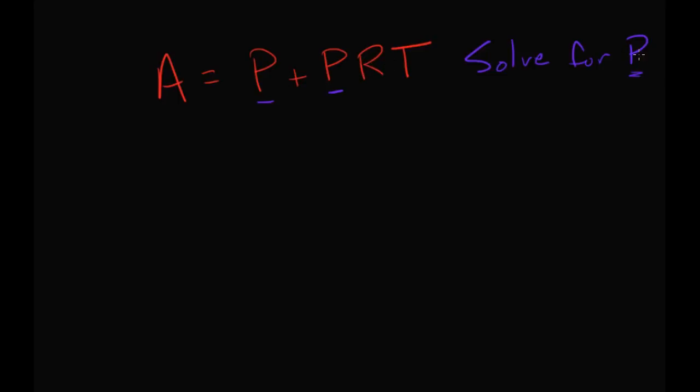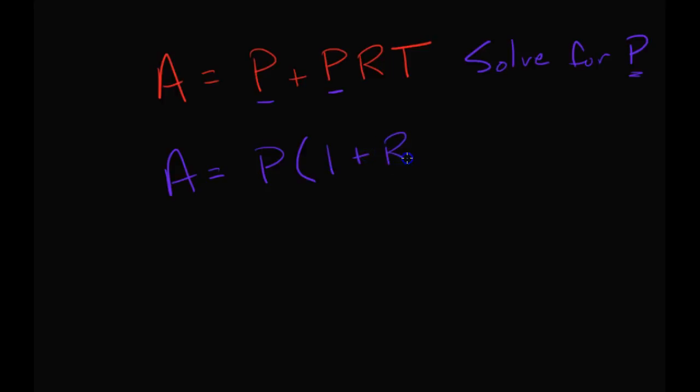Any term that doesn't have a p needs to be on the other side, and that's where a is. Now the problem is I can't add these together because they're not like terms. So what I need to do is actually the distributive property. I need to pull that p away from both of these terms. This is called factoring, but it really is the distributive property.